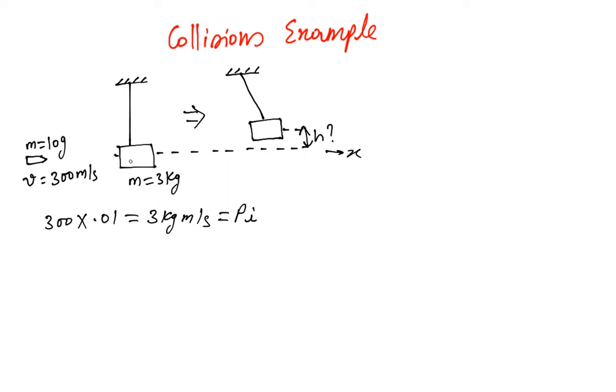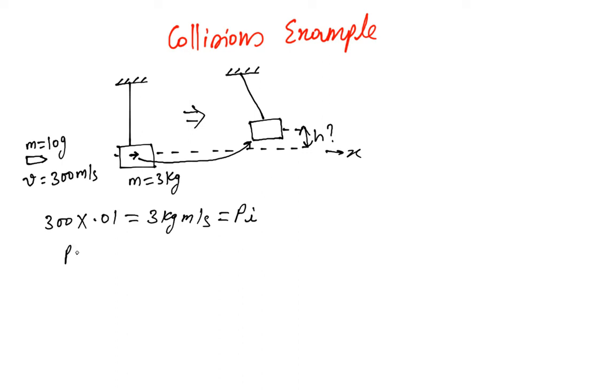Just after the collision there is no force acting, but as the block starts moving, the tension starts acting and forces come into play. So we really can't say that momentum remains conserved for this part of the journey of the block bullet system. Right here, just after the collision, the momentum is conserved.